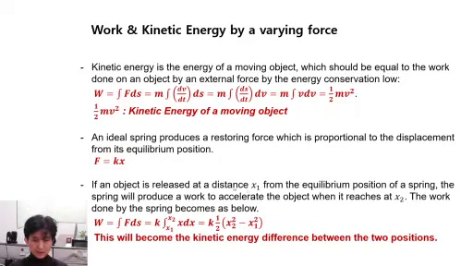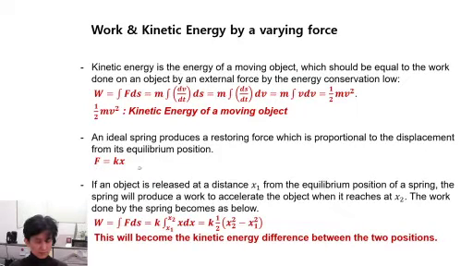And there was an example about a spring, and a spring is a typical object which has a varying force with respect to the distance of displacement. A spring is defined as an object which produces a force proportional to its displacement from its equilibrium position.